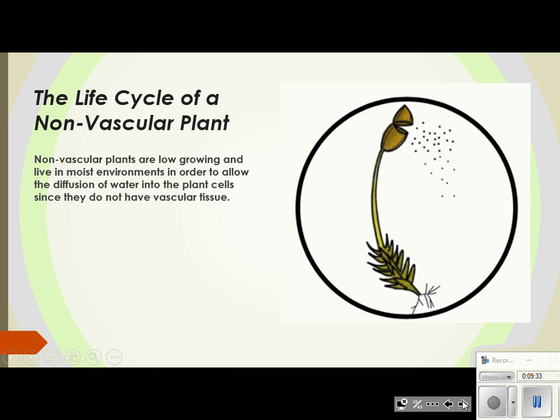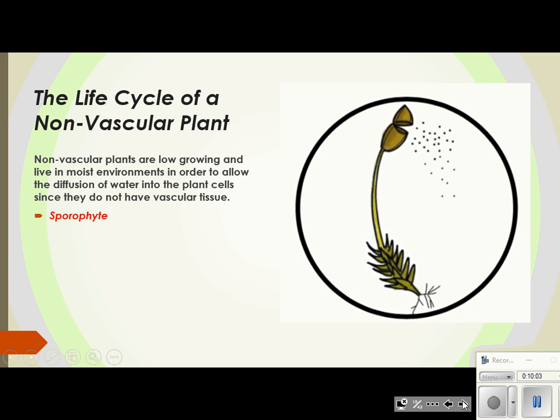Non-vascular plants are low-growing and live in a moist environment in order to allow the diffusion of water into the plant cells. So water diffuses into the plant cell.